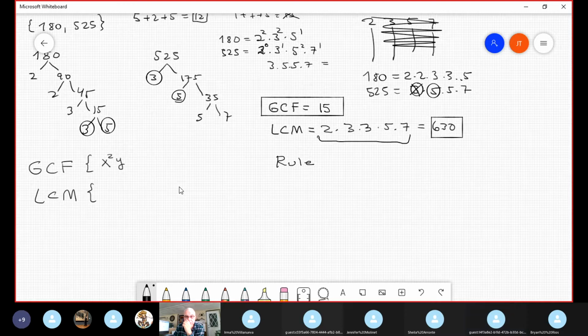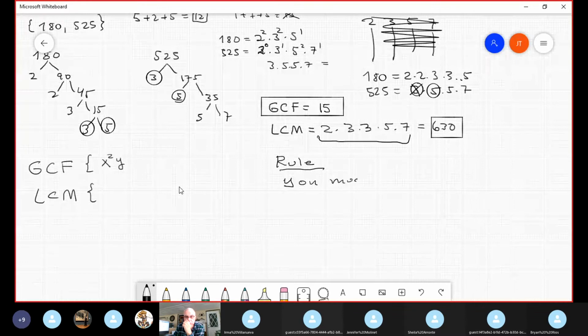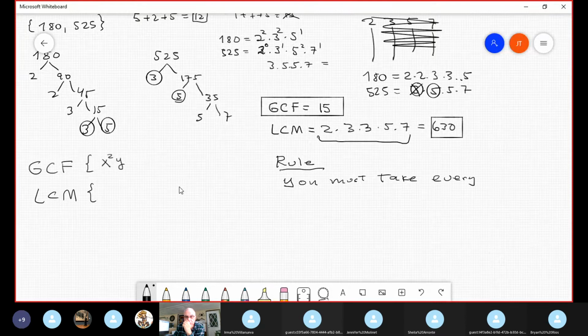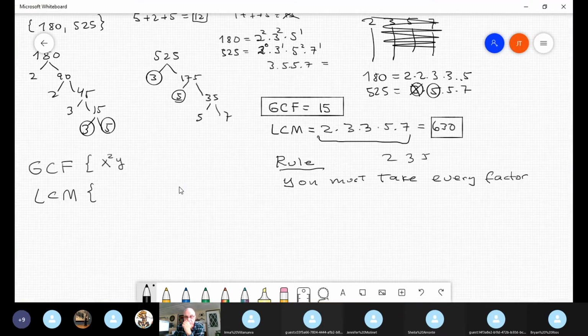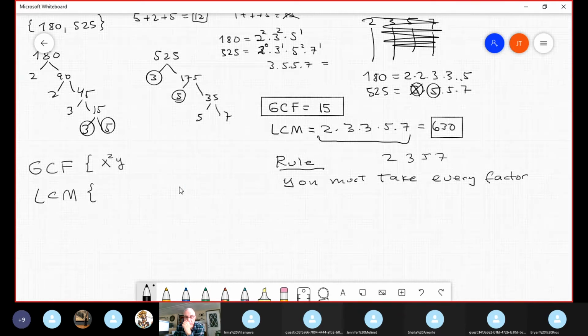Okay, the rule is clear. Look, you must take every factor, no omission. The factors involved in my problem are 2, 3, 5, and 7. In my LCM this factor should appear, but how many? Obviously 3: we have 2 here and 1 here, and you always take the majority.